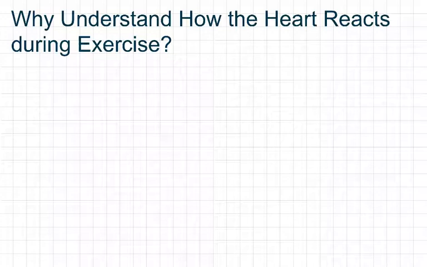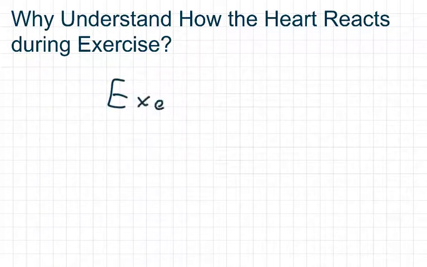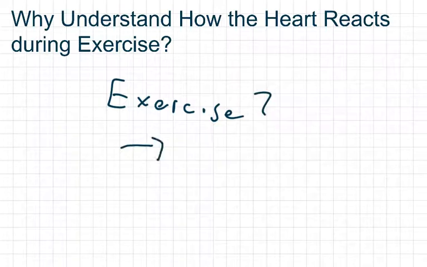But first, before we get into that, let's get into the why or the purpose of this. Why is it important to understand how the heart reacts to exercise? Well, it comes down to the main portion of this entire class. If you go back to when we started discussing this class and all the components, what do we need for exercise? We need energy. And what energy do we need?